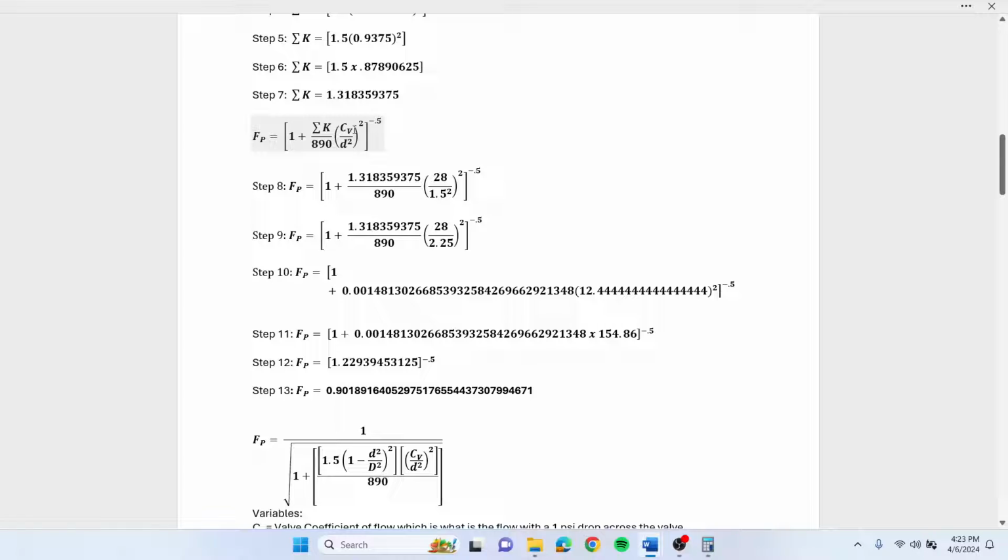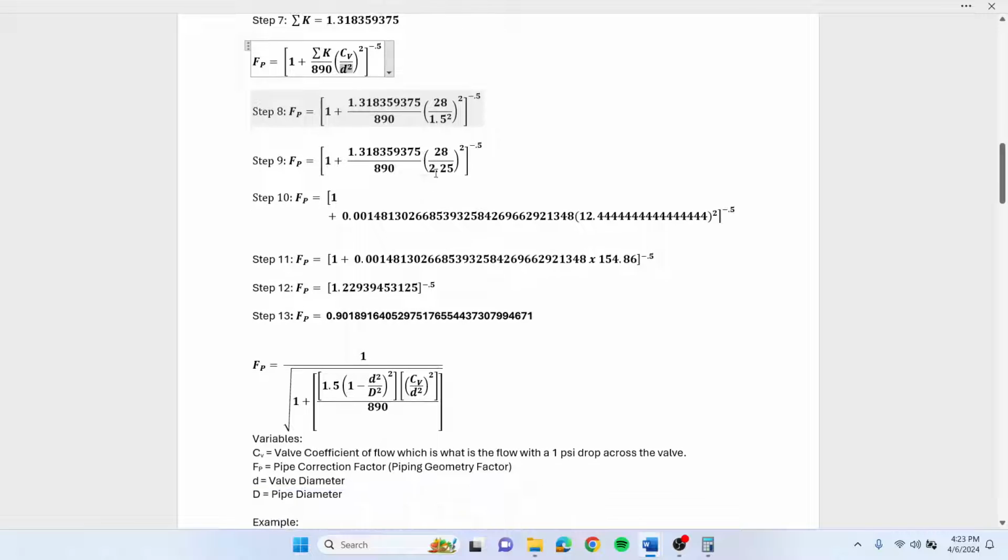Now you go back to the other formula and you can plug that in this section here. And then the formula's changed slightly, so you got to put your 28 Cv and then your valve size. So we plug that into our equation, and we're just going to focus in this middle section for a little bit. So you're going to end up with 28 Cv divided by 1.5, because that's your valve size squared, and that summation of K, so the 1.31, we're not going to go through all these decimals, divided by 890.